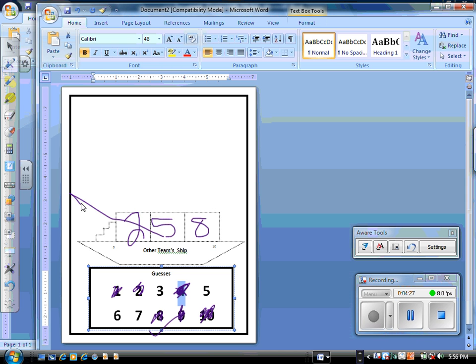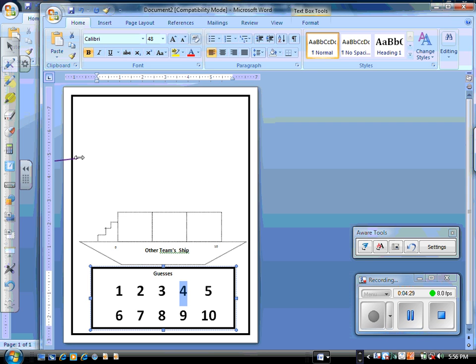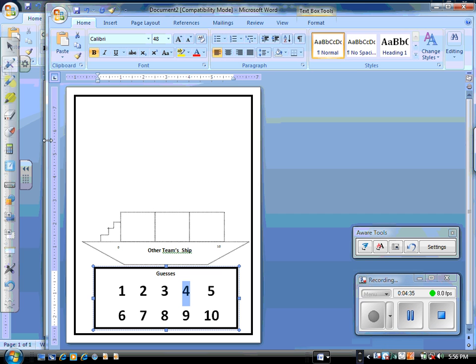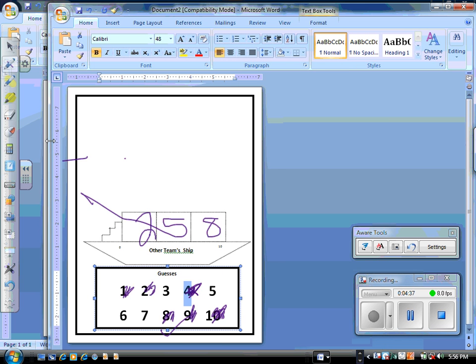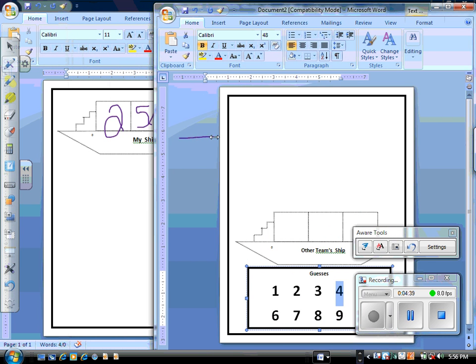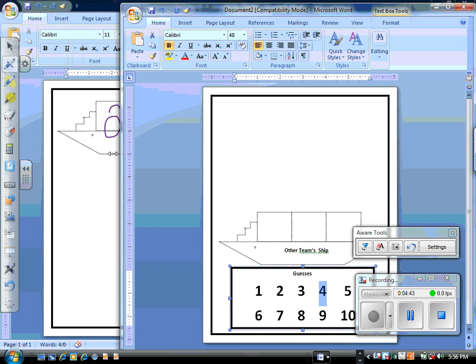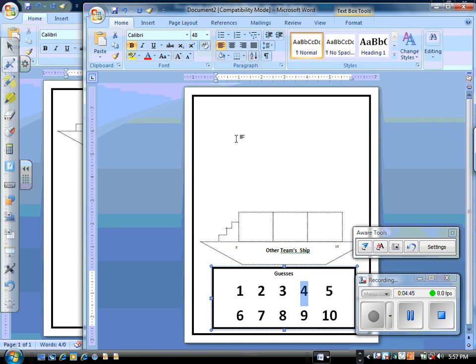Now, if I want to be nice, what I can do is show her that I'm honest. There's my 2, 5, and 8. And she got it. Okay, there's my numbers, right?